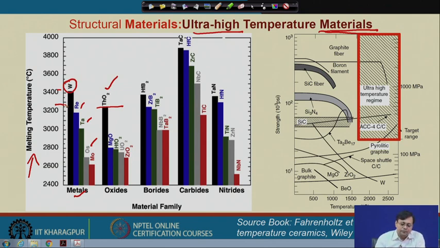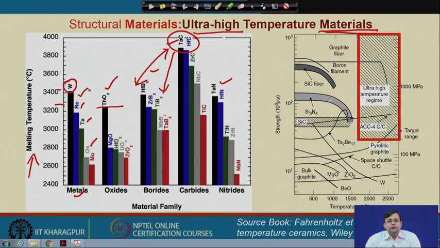So, in this comparison we can see the borides or carbides are somehow better, like also a little nitride. So, if we can develop some carbide and mix them with some borides, it will give you a composite microstructure which may be better compared to tungsten, pure metal or alloy.